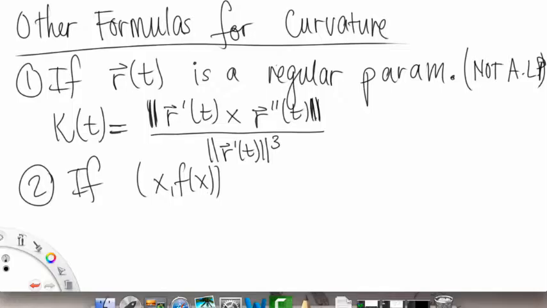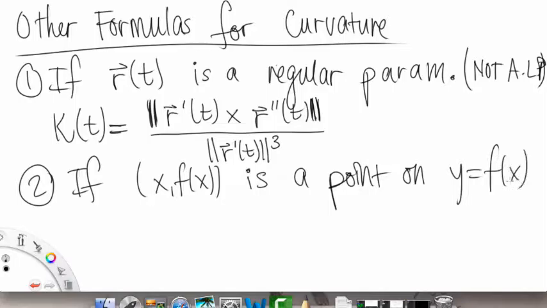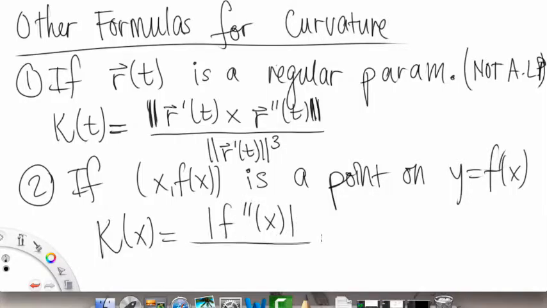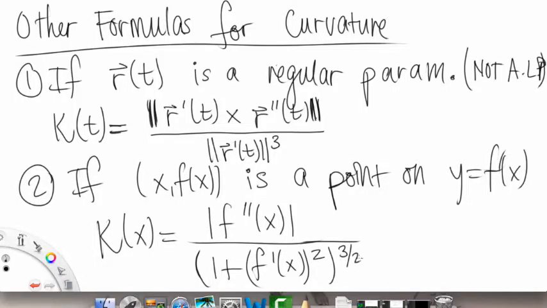If that is a point on y equals f of x, so again, if you're given some function of x, then your k, this time with respect to x, k of x, curvature, is going to be the absolute value of f double prime of x on top, divided by, in parentheses, 1 plus f prime of x squared, and the whole quantity on the bottom is to the 3/2 power.